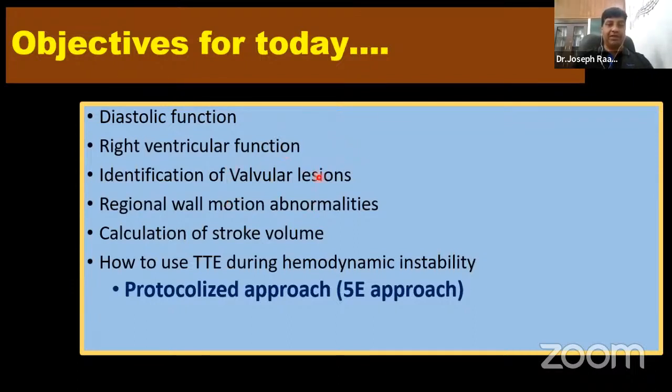And most importantly, the regional wall motion abnormalities and how to pick them up. And the calculation of the stroke volume, which will be very important if you are taking care of ICU patients also. Finally, we will put together the information collected over these 2 sessions, and see how to approach a patient when the patient is very unstable. Okay, with that introduction, we'll start today's topic.